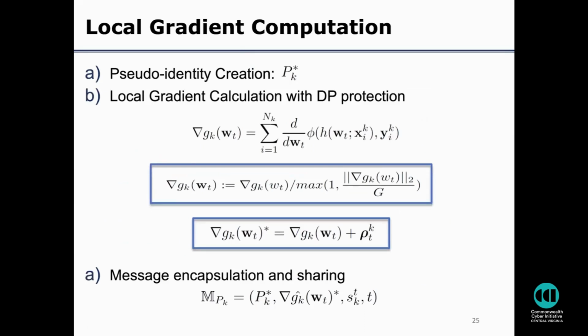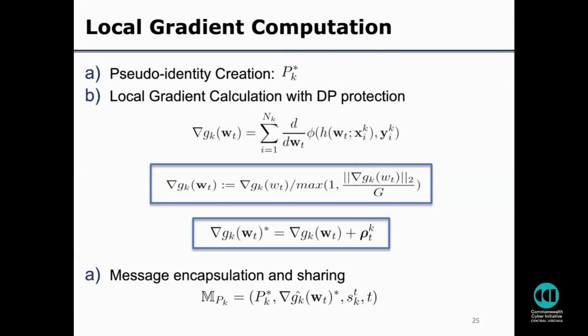Specifically, for the local gradient during this phase, what the local data holder should do is, first, generate a pseudo identity. This one is used to protect the customer's privacy in the blockchain platform.